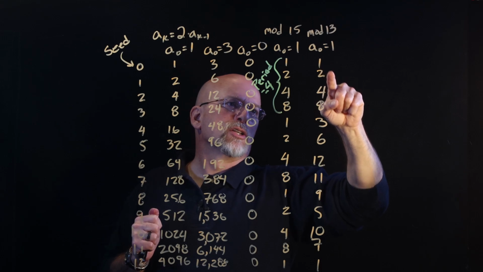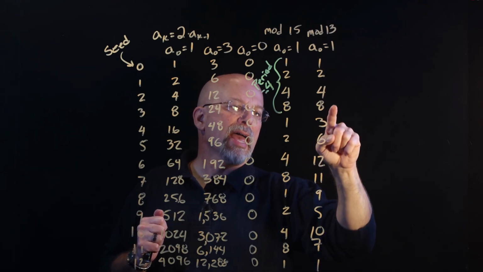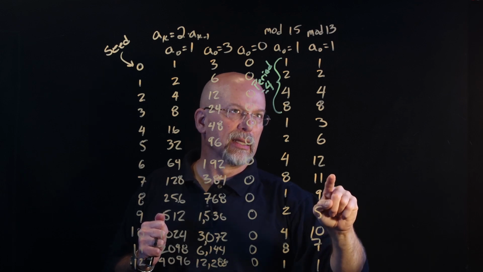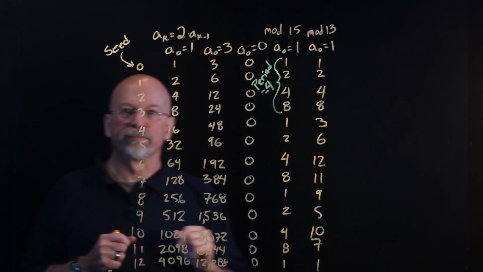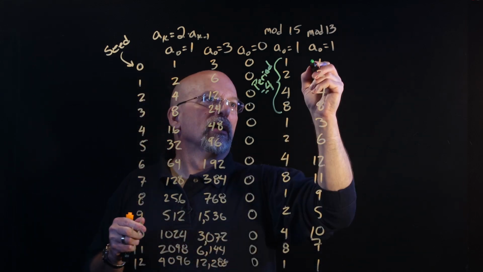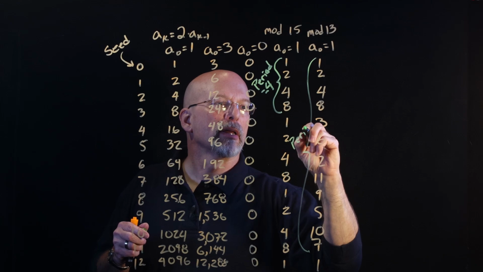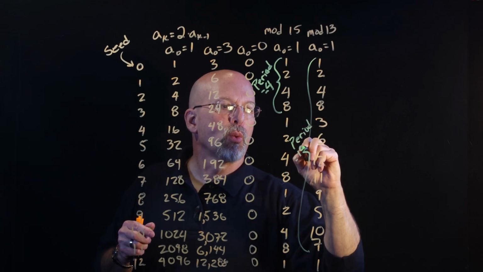So we've got 1, 2, 3, 4, 5, 6, 7, 8, 9, 10, 11, and 12. All right. And so we actually, in this case, we have a period of 12. So period equal to 12.